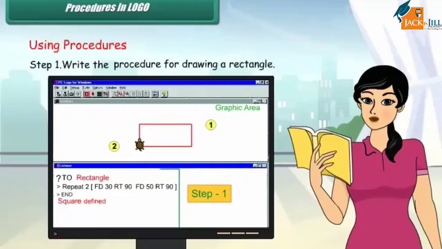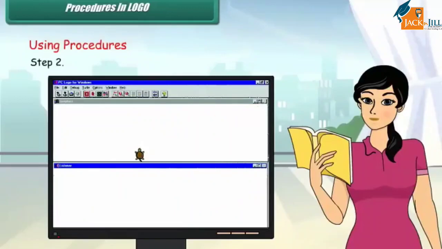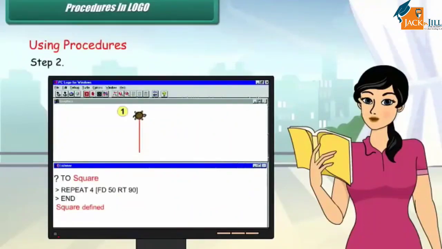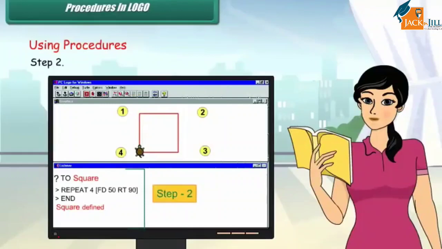END. Rectangle defined. Step 2. Write the procedure for drawing a square. Question mark, TO square. Greater than sign. Repeat 4 [FD 50 RT 90] END. Square defined.